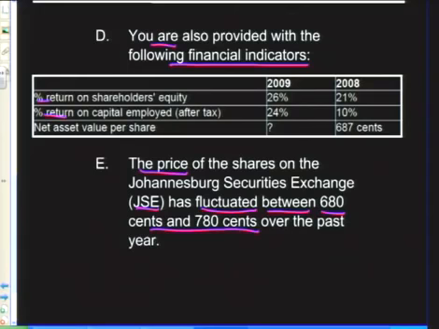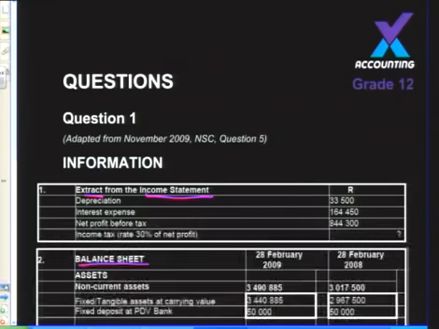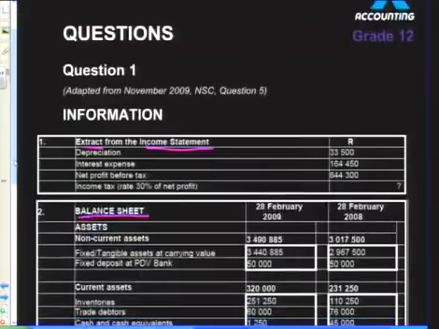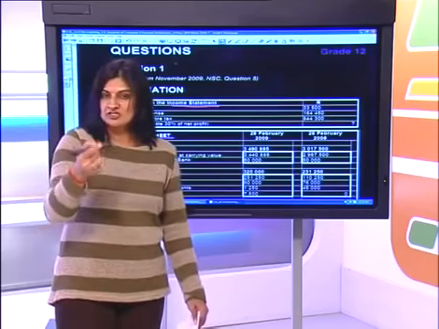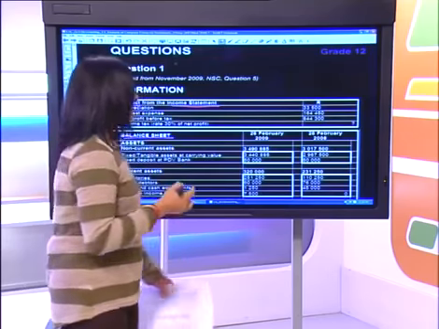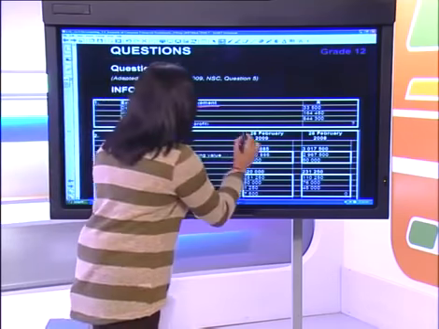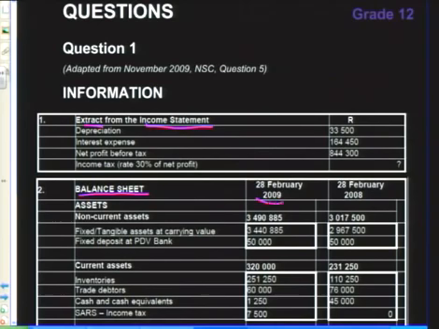So we've looked at the information, and before I go to the actual question, guys, something absolutely important, and I know a lot of you watch Ashraf and he's mentioned this. 2009 is my current year. 2008 would be my previous year.